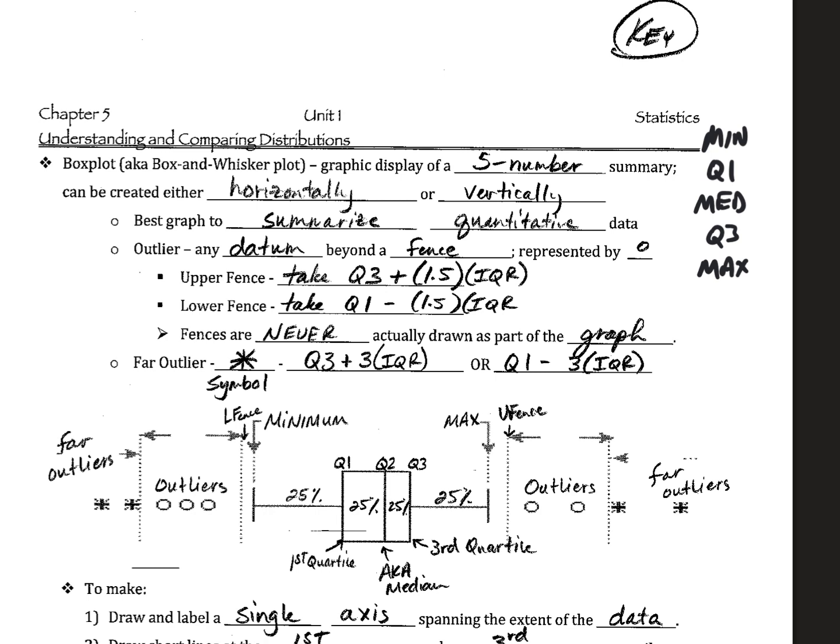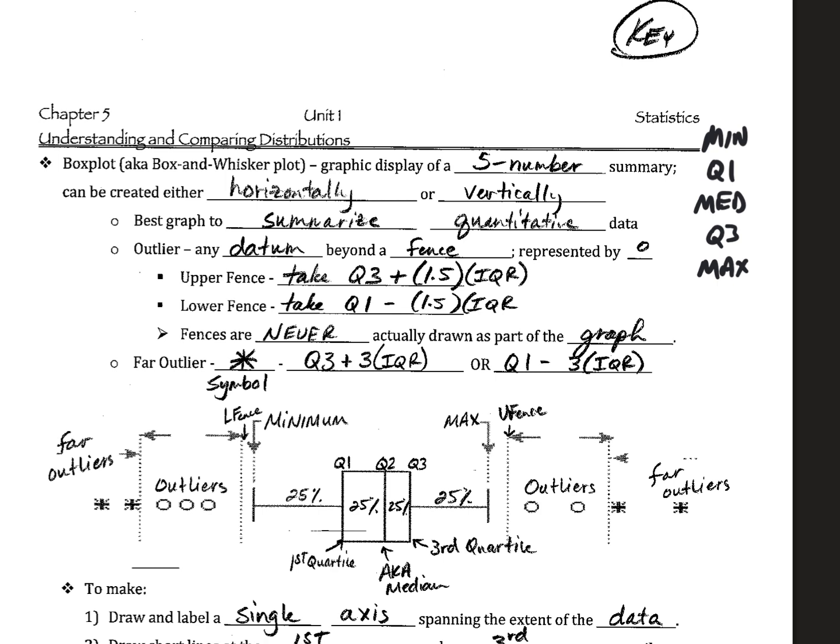These can be created horizontally or vertically, either one. A lot of the ones we're going to create are going to be horizontal, left to right. Ideally, it's the best graph to summarize quantitative data, and it's the easiest graph to take a look at and make summaries about.